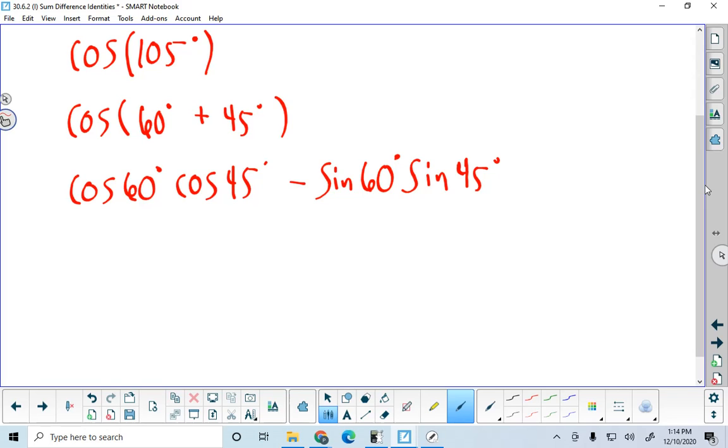Look at your formula sheet or an identity resource and look at the identity for cosine of an angle plus an angle. You will discover that it's cos of the first, cos of the second, minus sine of the first, sine of the second. Any questions to that point?